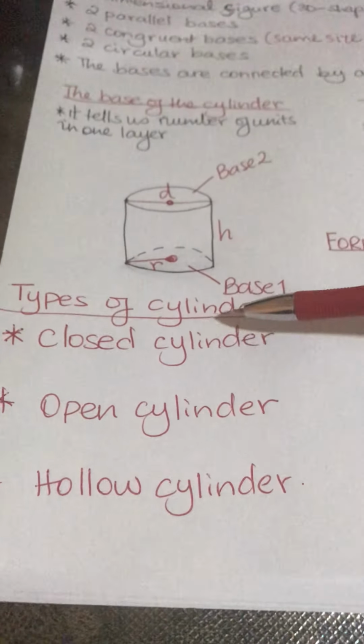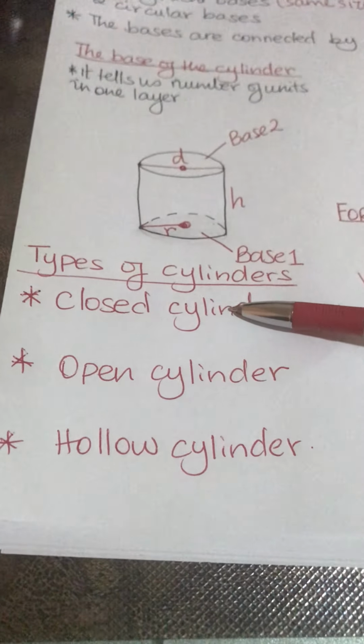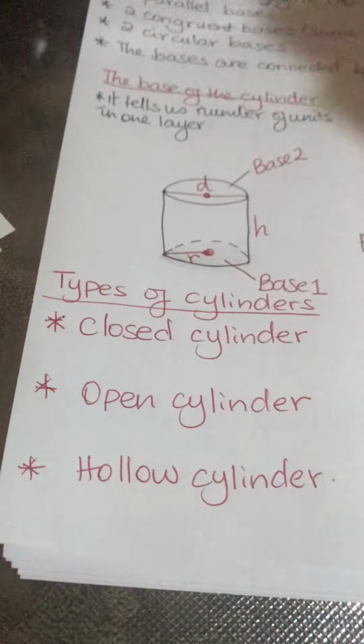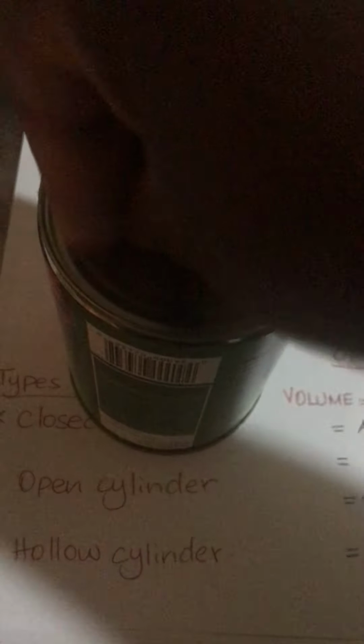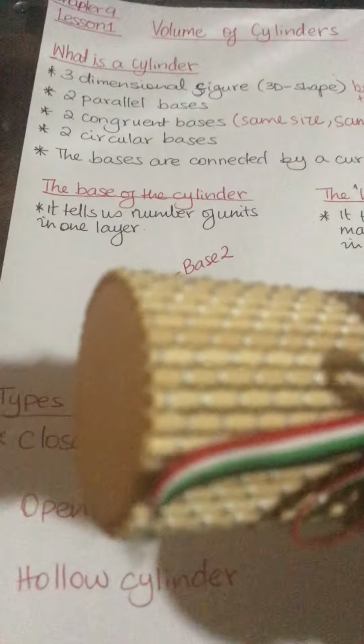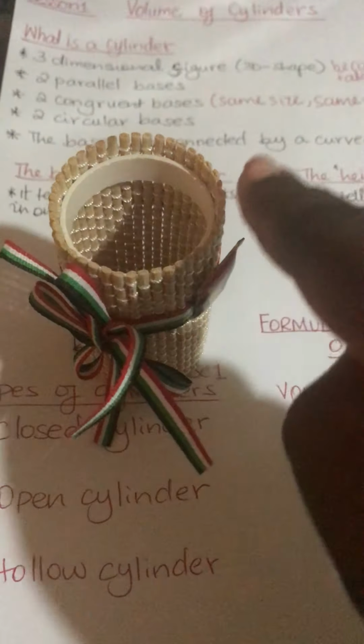All right, let's continue. How many types of cylinders do we have? We have 3 types of cylinders: closed, open, and hollow. This one is closed. I cannot put my hand inside, so I'm calling it closed. Both the top circle and the bottom circle are there. Then you have your open cylinder. Your hand can go in but cannot come through the other side. Only one circle is missing.